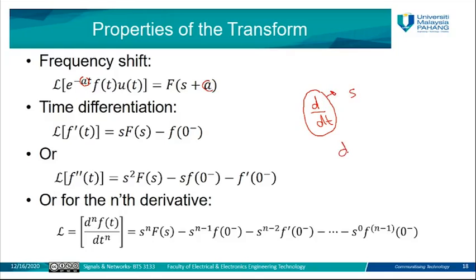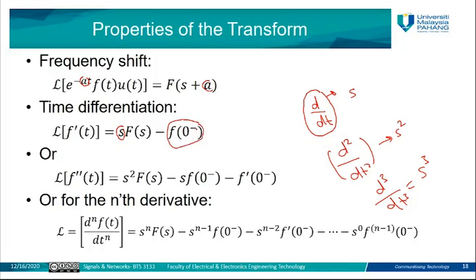If you have d squared over dt squared, the second order differential, this gives you s squared. If you have d cubed over dt cubed, this gives you s cubed and so on. So the Laplace of the derivative of the function gives you s times F(s) minus the initial conditions. Usually most of the time the initial conditions are assumed to be 0.